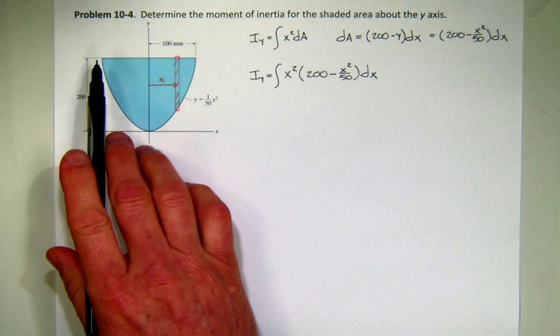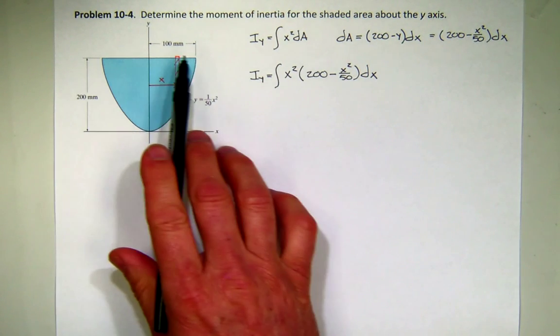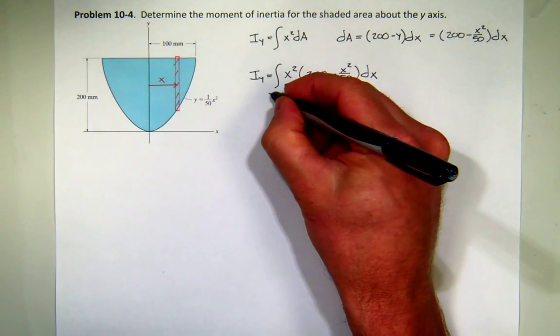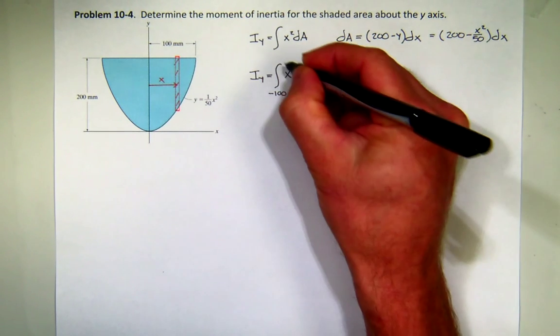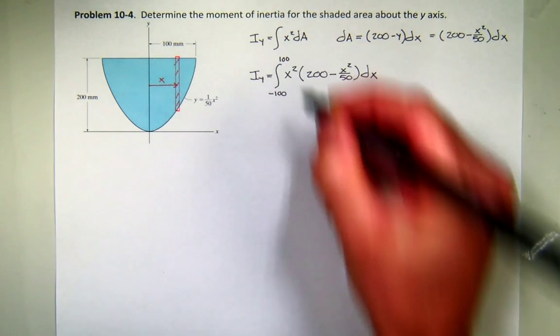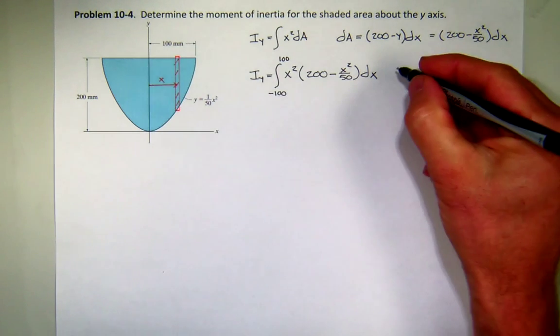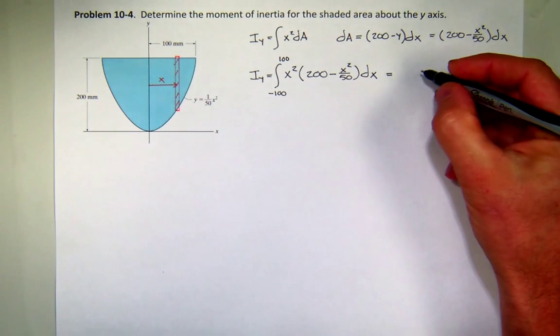Well, we're going to go from minus 100 to positive 100. So, as far as I'm concerned, the problem is solved. Of course, we have to do a little more work to actually get the result, but basically the problem is solved.